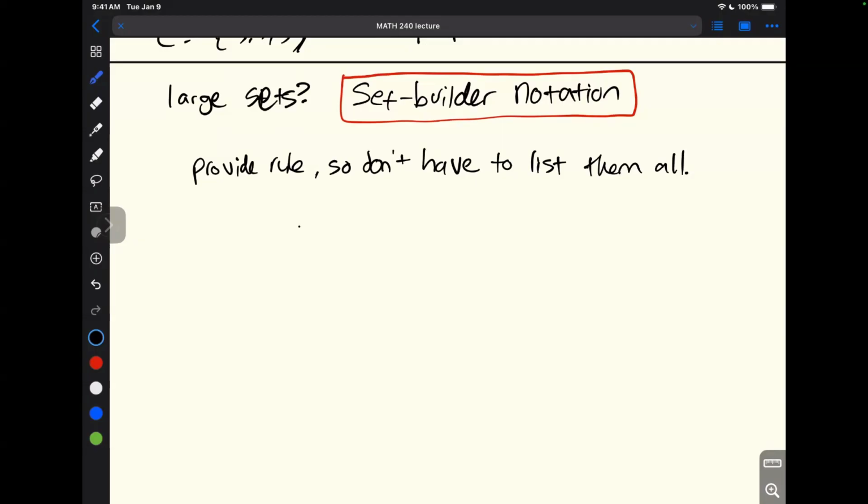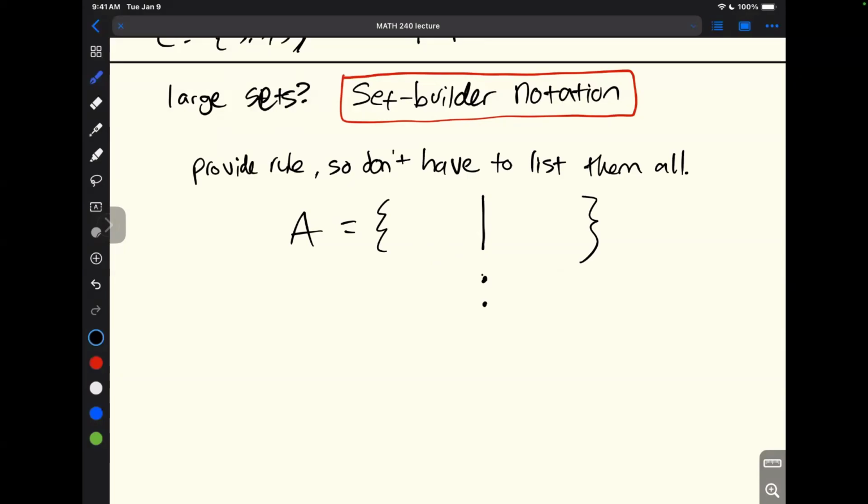And so let's see an example. We'll use A again. We write set builder notation where we have the curly brackets, and then we've got two parts to it. You'll see it's either broken down with the pipe character or a colon. Either works. When I first learned this, I used the pipe character, so that's what you'll see.